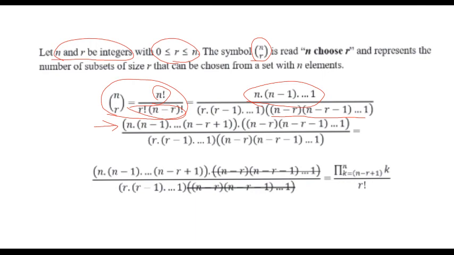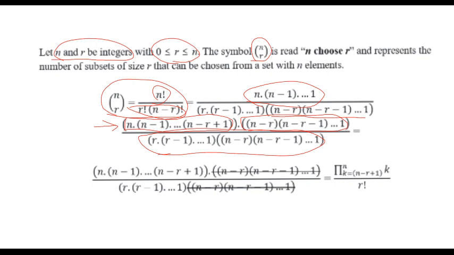The first part is multiplication of all the numbers from n to n minus r plus 1, and the second part is multiplication of all the numbers from n minus r all the way down to 1, right? So I just divided the numerator into two parts. I didn't change its value, so I also don't touch the denominator. I just write the denominator as it is.